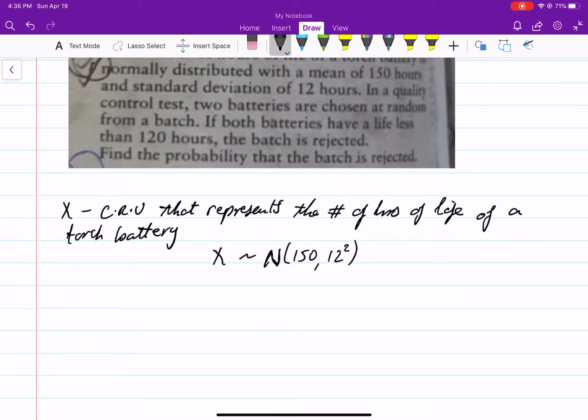So let's find the probability that x is less than 120. You will not be able to look up an x variable to find probabilities, which means you have to standardize x. Remember how you standardize x?